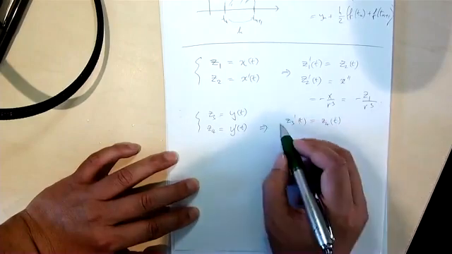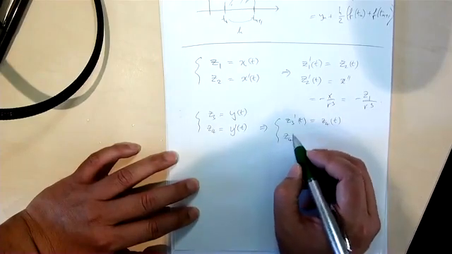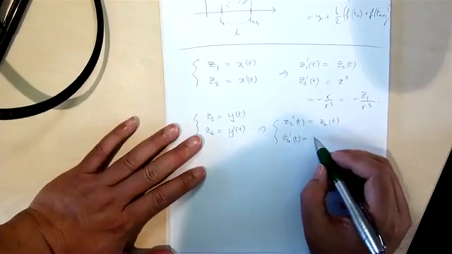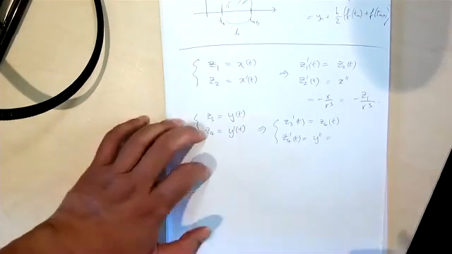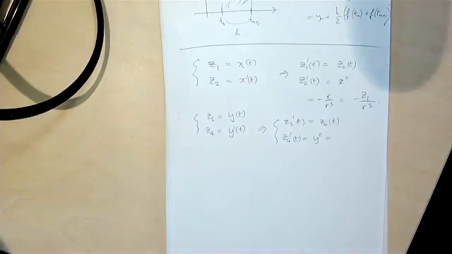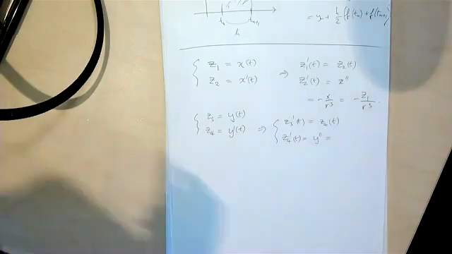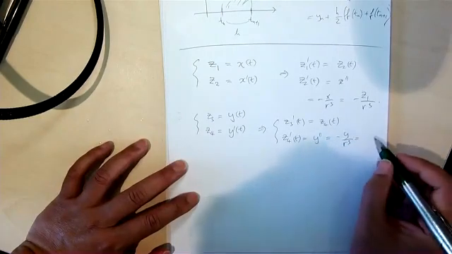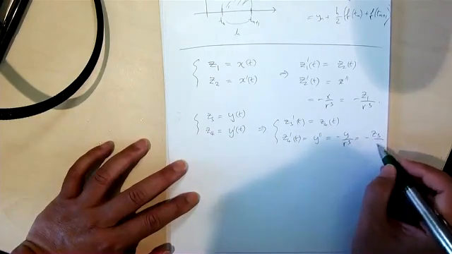And then z4 prime equals y double prime, and y double prime, according to this equation, is minus y over r cubed, so minus z3 over r cubed.